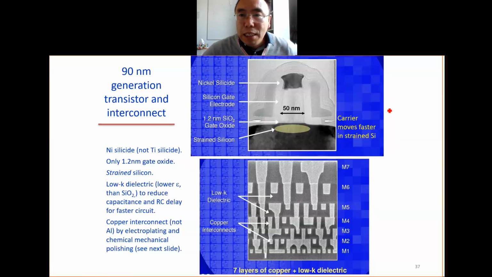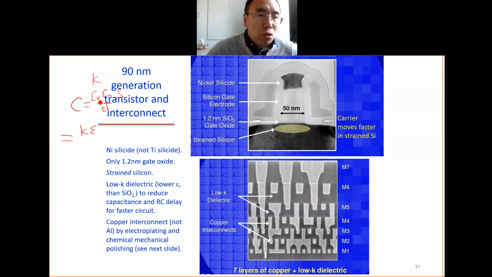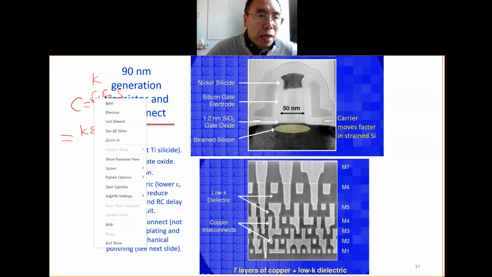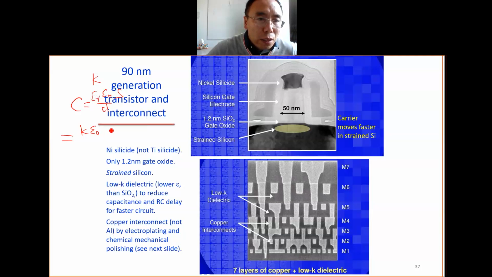We know that C equals epsilon R, which people also write as K, times S over D. S is the area, and D is the distance between the two metal wires. So when we have a low K, we get smaller capacitance, so we get a smaller delay time.